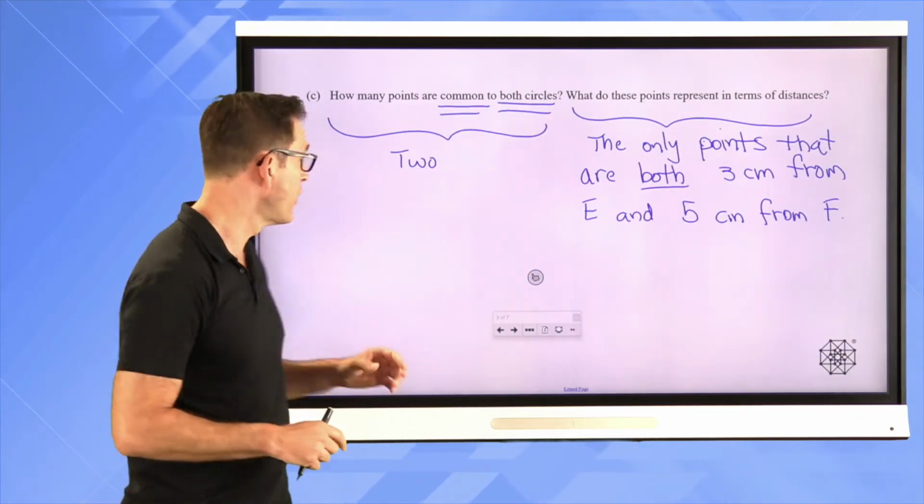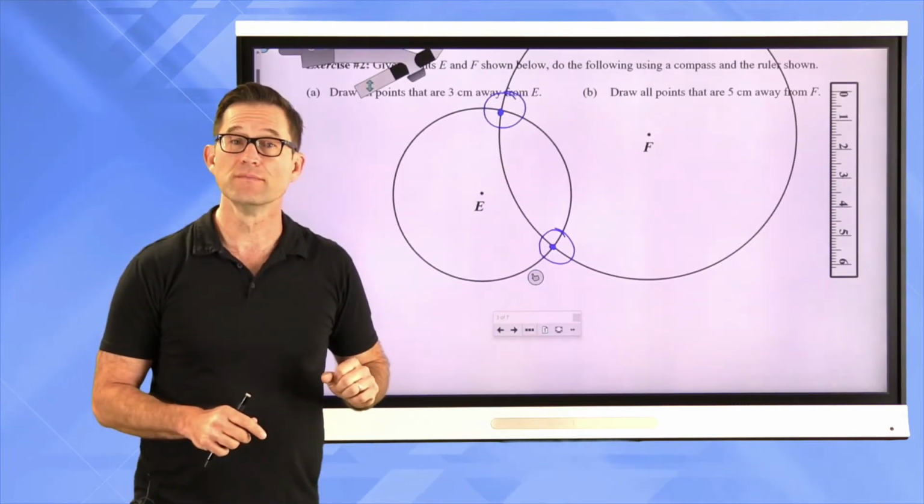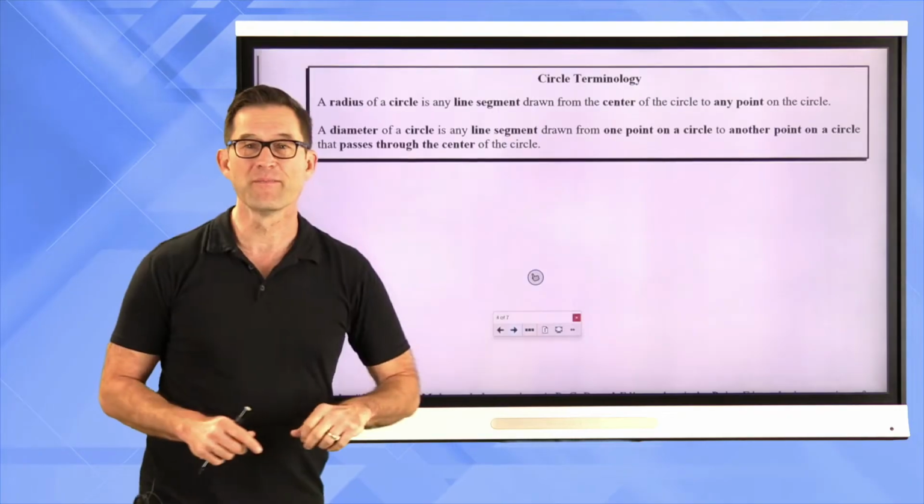And we will find those points by looking at intersections of 2 circles. All right, let's keep going.